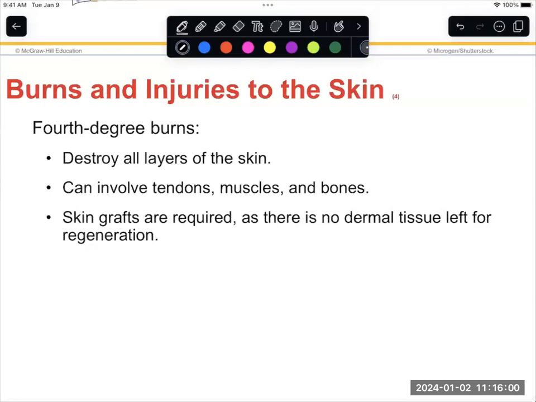Burn injuries to the lungs from heat or smoke can cause 60% of burn fatalities. Again, skin grafting is required because it goes through tendons, muscles, and bones. So that's everything under the skin.